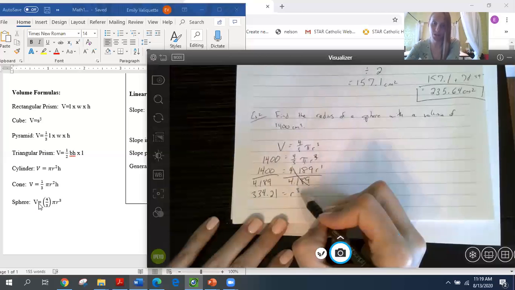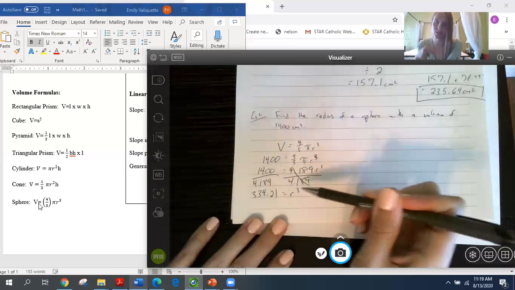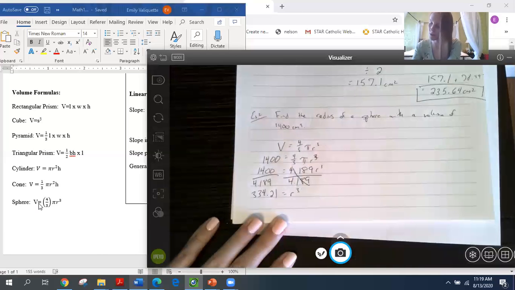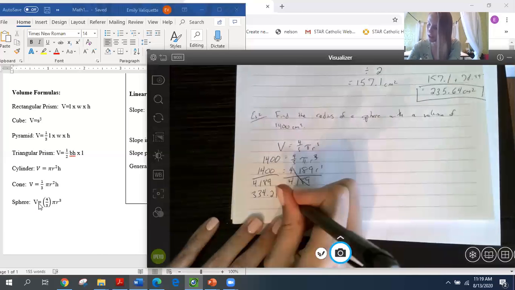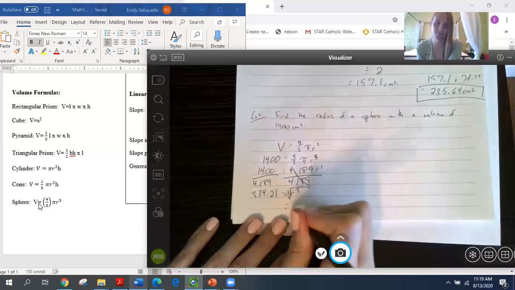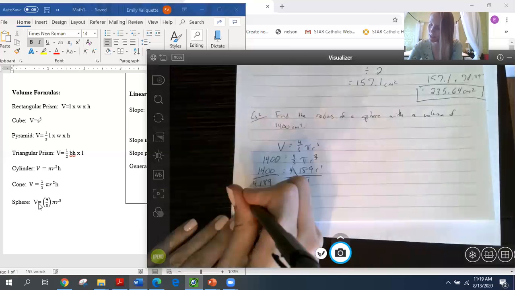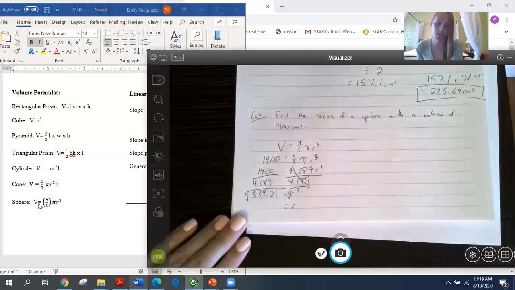And then in order to get rid of this cubed sign, I need to use the opposite of that, which is a cube root. So I will do a cube root in order to get the r by itself. And of course, what I do to one side, I must also do to the other.